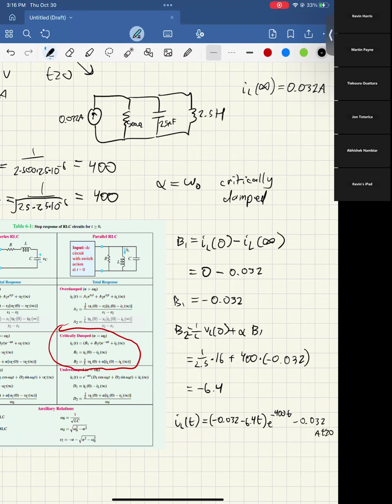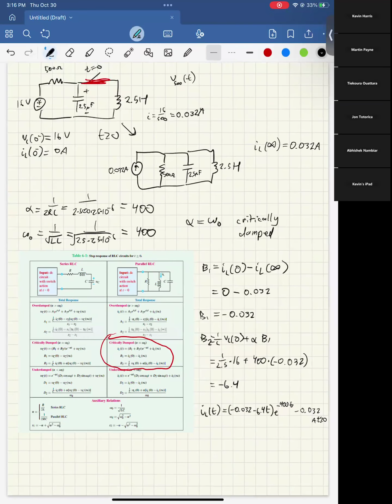However, it was asking us ultimately to find, oh wait, did I miss something? Oh no, I didn't. We're good. Okay. So, we want to find, as the question was asking, the voltage of the resistor, right? So that means we should probably also find the voltage of the inductor, right?